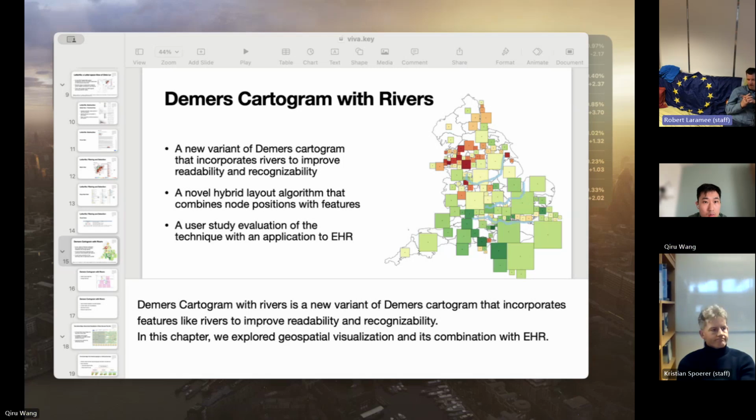Okay. For the Demers project, the fundamental basis of comparison is another cartogram that doesn't have rivers. So all previous cartograms in the history of visualization have not contained rivers at all. So this is a fundamentally new addition to the cartogram. And it makes a lot of sense because you can imagine a traditional map of the UK with no rivers, right?